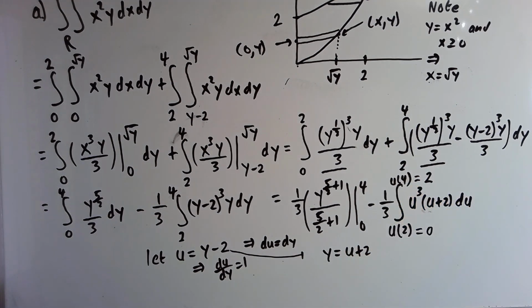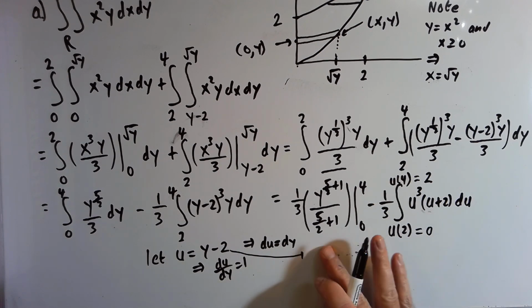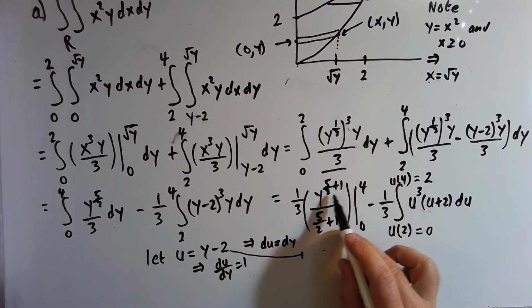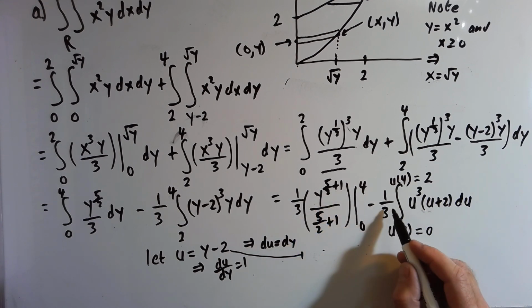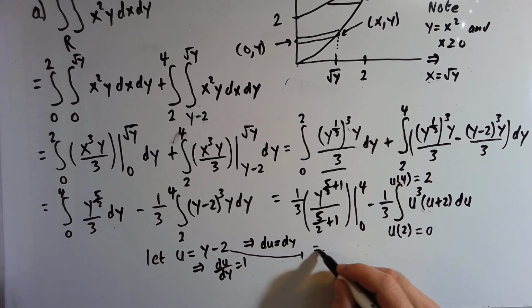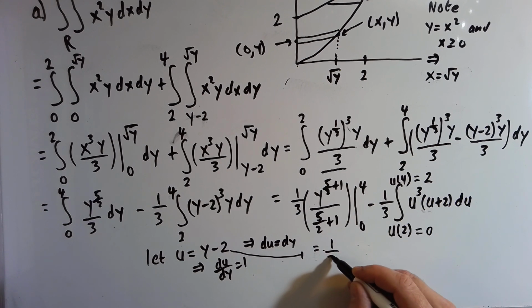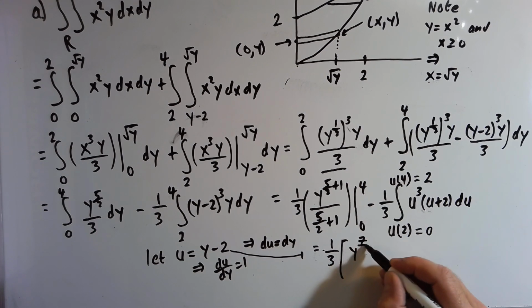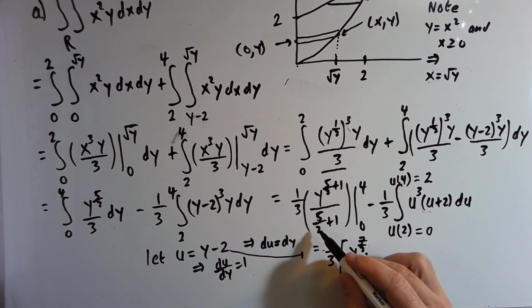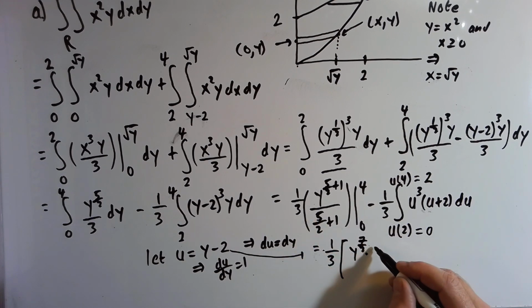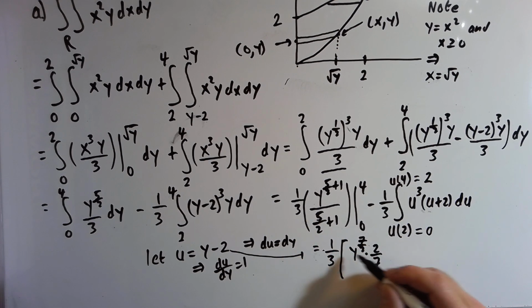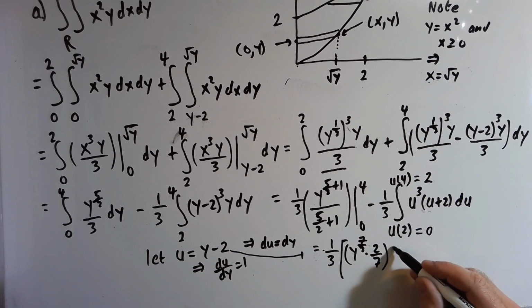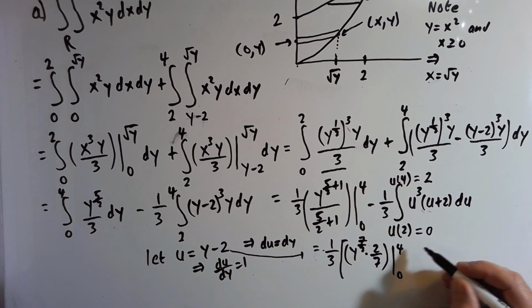Okay, let's keep going. So 5/2 plus 1 would be 7/2. I'm going to pull 1/3 out of everything, so it'll be 1/3 in front. So it's going to be y to the 7/2 times the reciprocal, so times 2 sevenths, evaluated at 0 and 4.